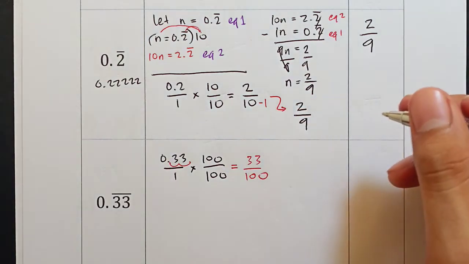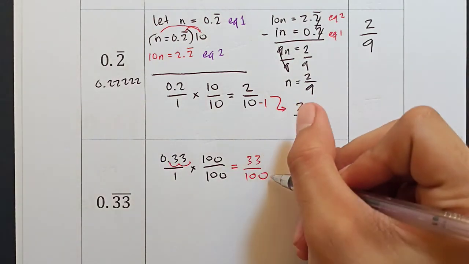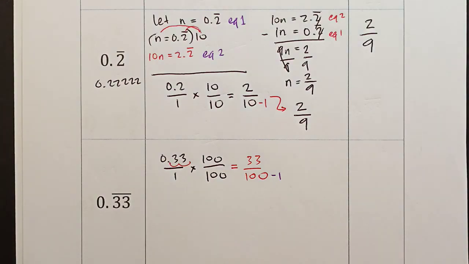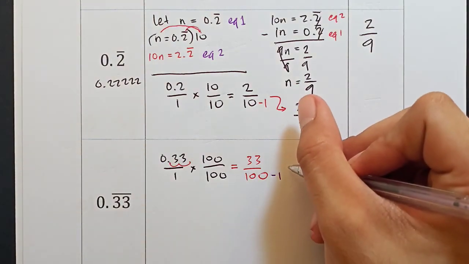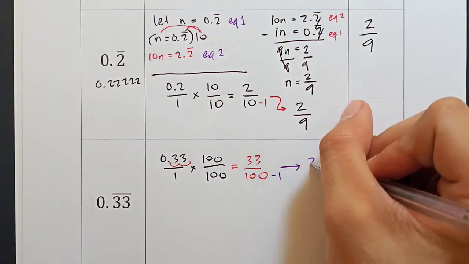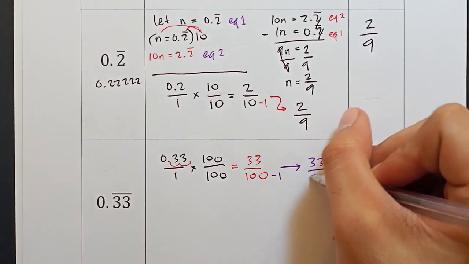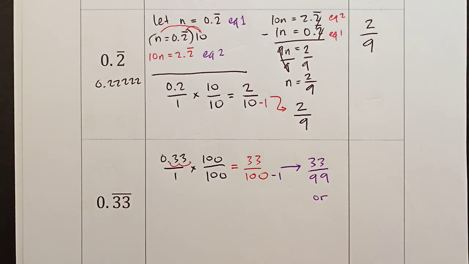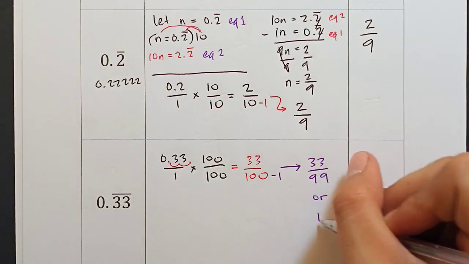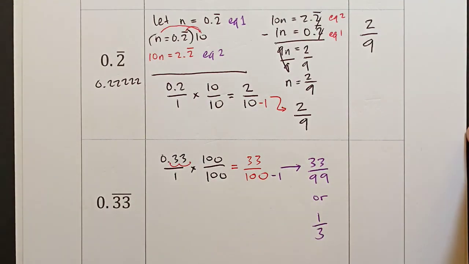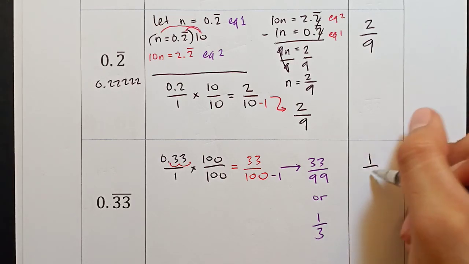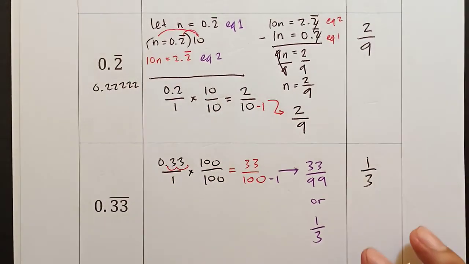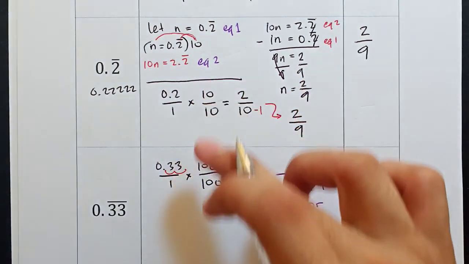And dahil nga siya ay repeating and non-terminating, we need to subtract 1 from its denominator. Magiging sagot ay 33 over 99. Or, lowest term niya is 1/3. So, 1/3. Ganun lang. So, depende sa inyo kung susundin nyo yung nasa libro or gagamit kayo nito.